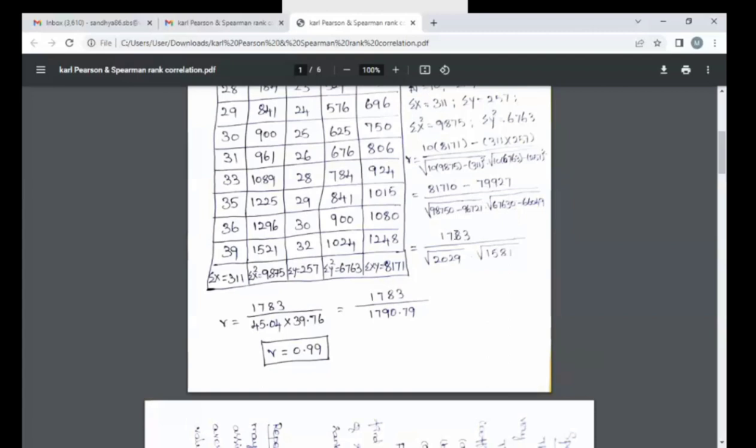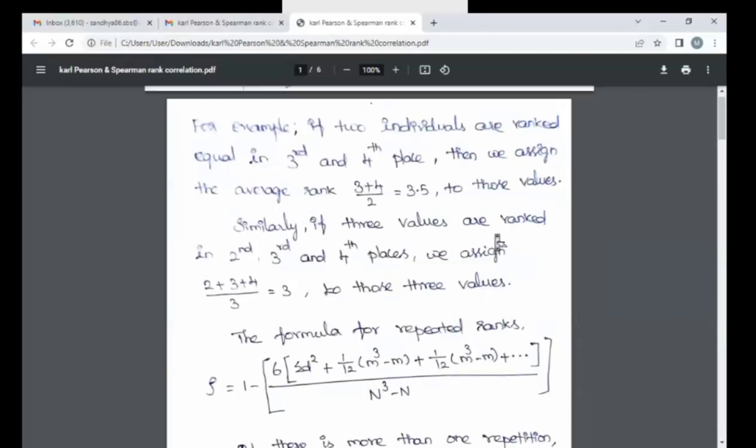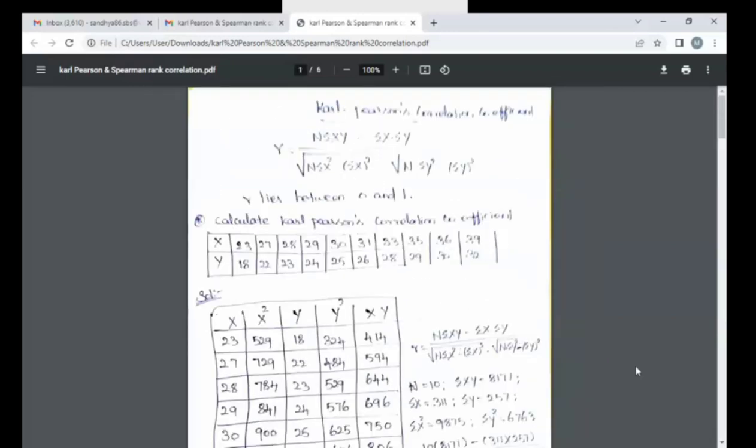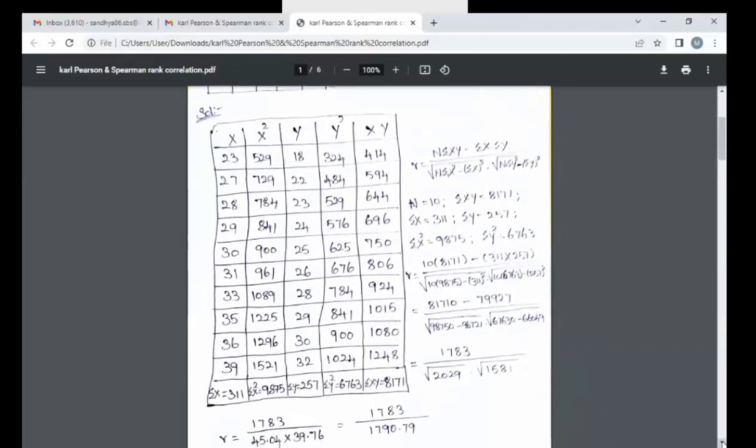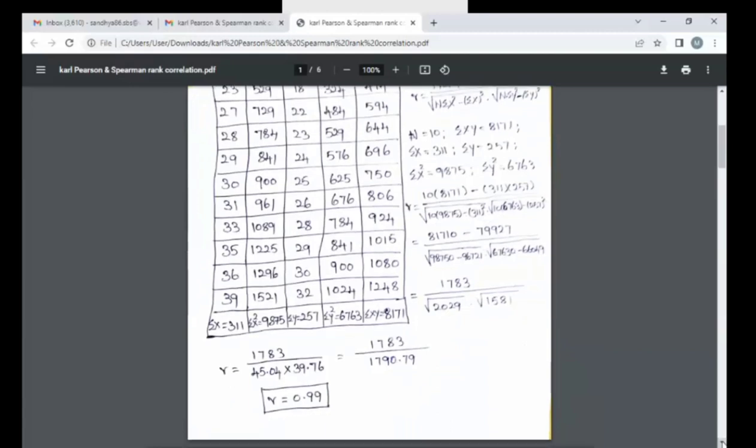You will get 1783 divided by square root of, the difference between these two things is 2029, and the difference between the other two is 1581, square root of 1581.